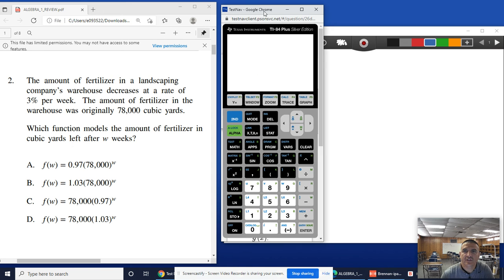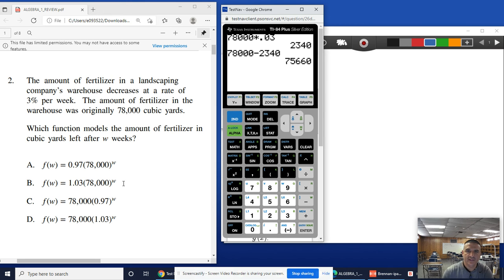What is 3% of 78,000? Times 0.03, right? We know with percentages you move the decimal twice. So it should go down 2340. 78,000 minus 2340 is that. Okay?